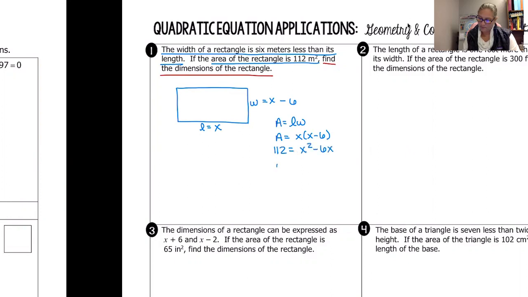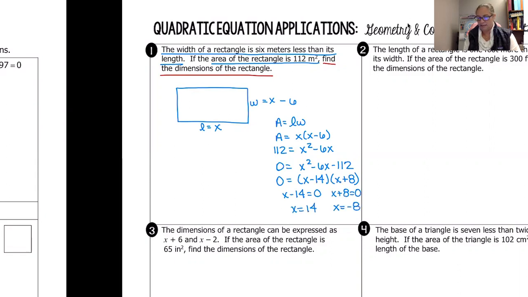We're going to set it equal to 0. And what multiplies to give us negative 112 and combines to give us negative 6 is negative 14 and positive 8. We're going to set each of those equal to 0. And x is 14 and x is negative 8.